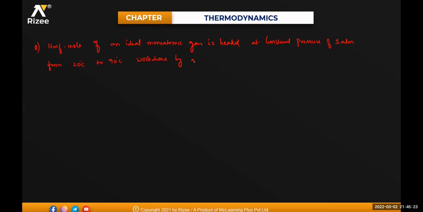Work done by the gas is close to dash. Take the capital R value as 8.31 joule per mole Kelvin.